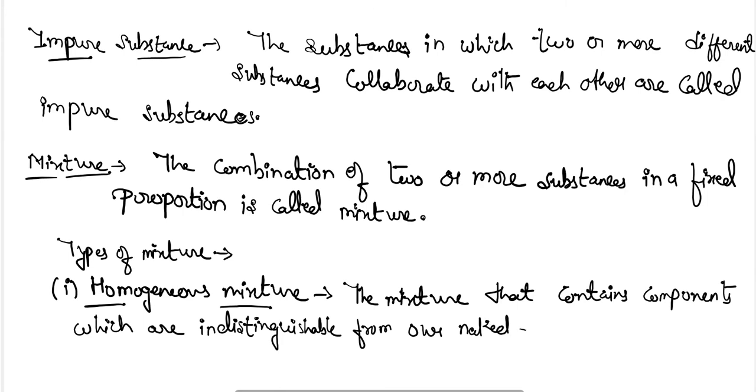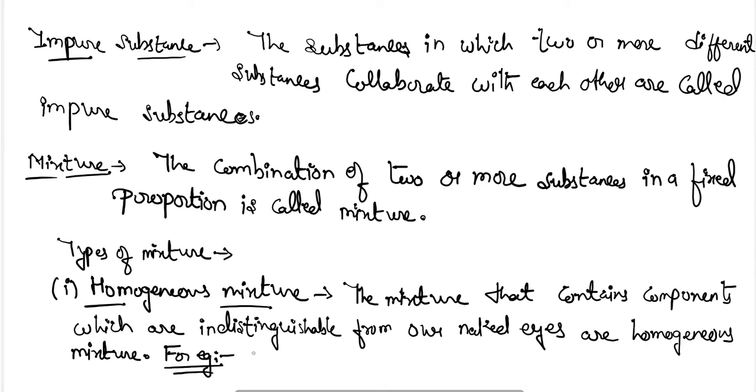For example, salt plus water is a homogeneous mixture. Sugar plus water is also a homogeneous mixture.